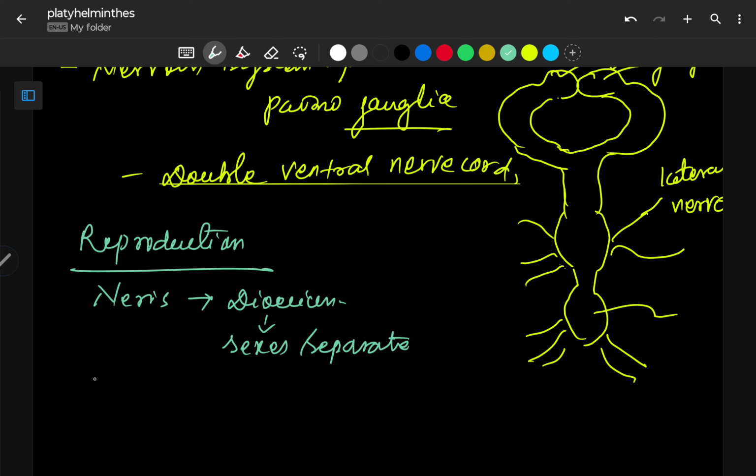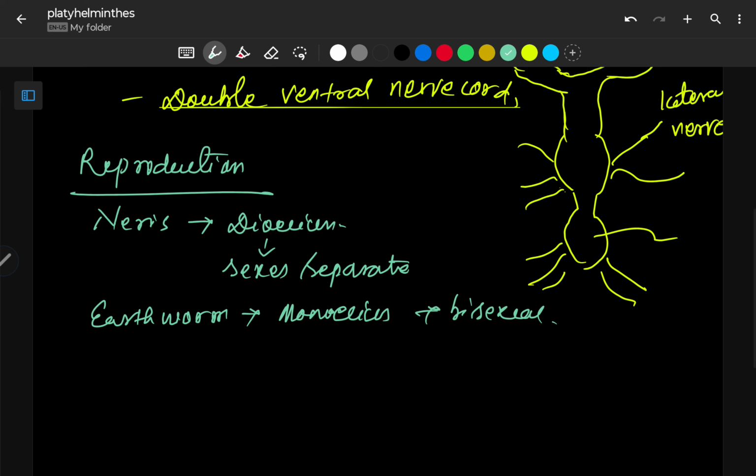Okay, then come to earthworm, monoecious, means bisexual, means both the sexes are present in the same organism. And leech also. Out of the three common examples, earthworm and leech are monoecious or hermaphrodite, and only Nereis is dioecious, means male and female are separate.